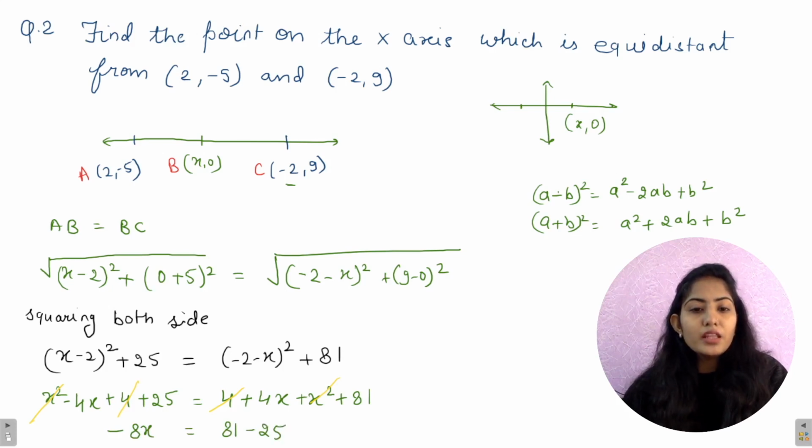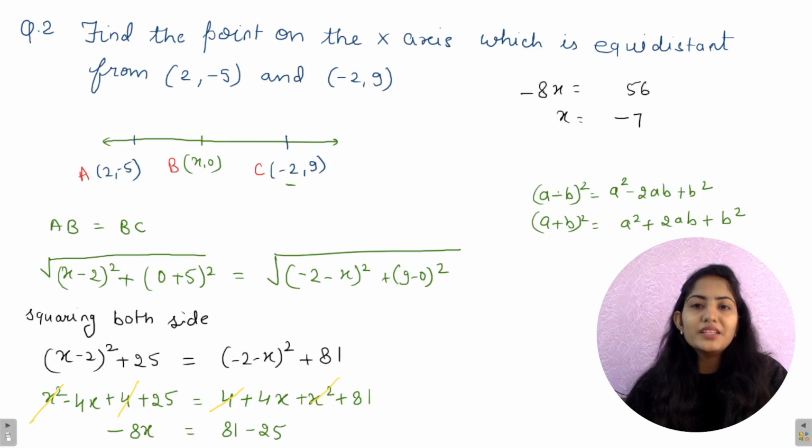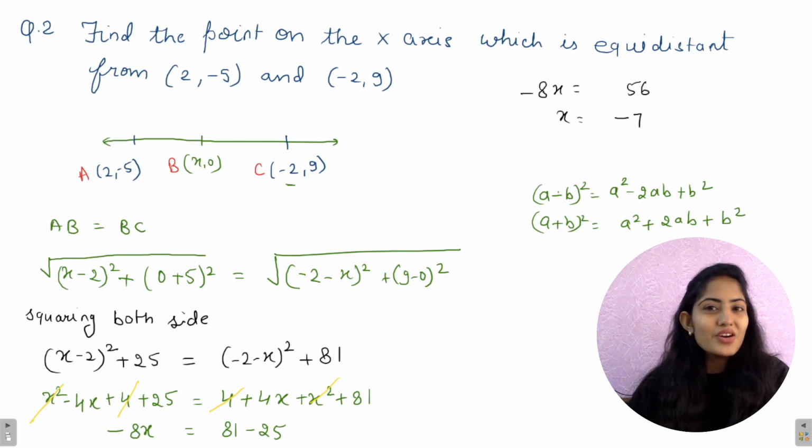So it will be 56. Okay, so I am erasing this to get space. So here I am taking minus 8x, and that is equal to 56. So x will be minus 7. This is the answer. Okay, now come to the next question.